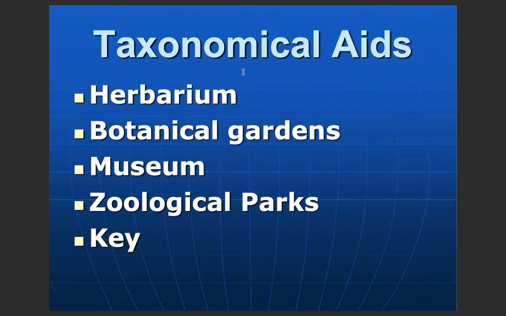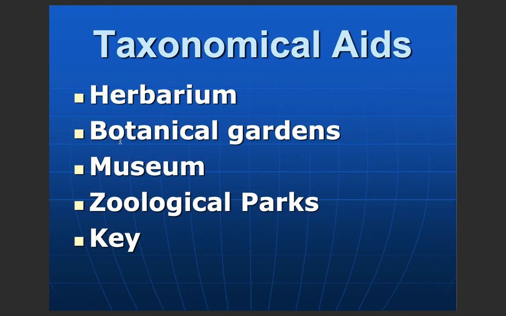These aids or tools help us to do the classification process in an easy manner. One is herbarium. I have given you a holiday assignment related to herbarium, and I hope you have all prepared your herbarium during this summer break.